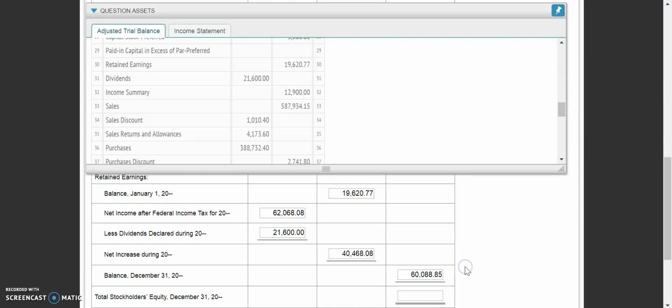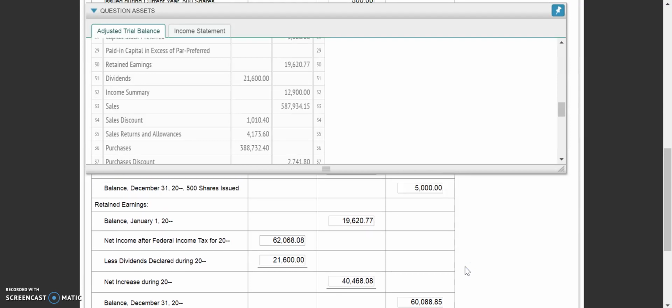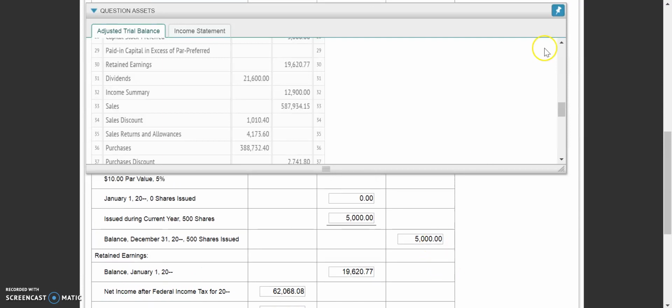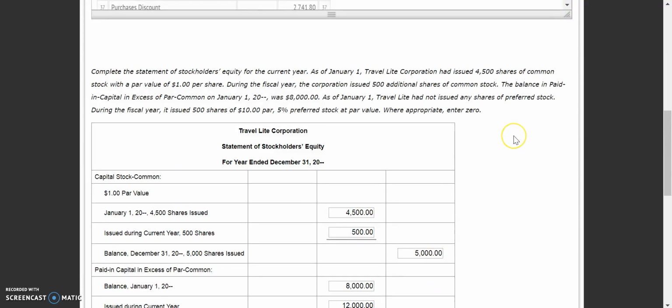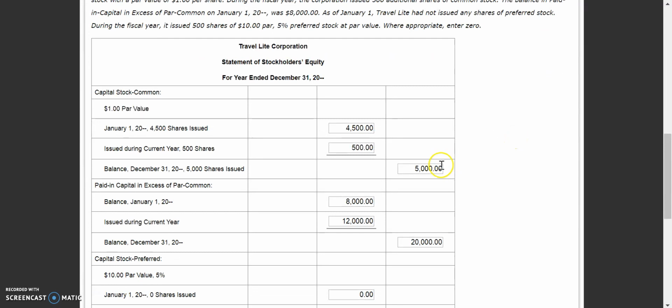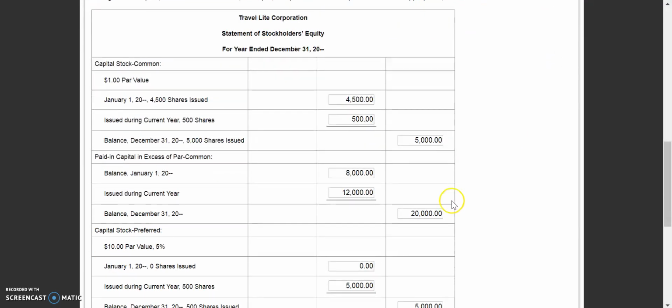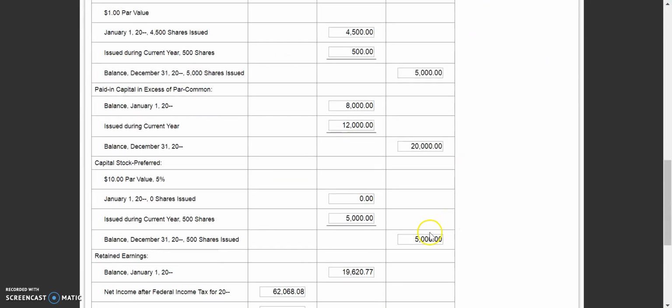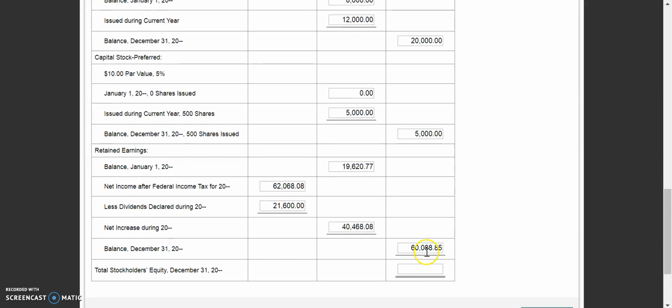We wind up with $60,088.85. The last thing we need to do is add in our capital stock and our paid-in capital and our preferred stock. I'm going to close this because we're done with it. We take all three of these, 5,000, 20,000, and 5,000, and add them to our retained earnings balance, and we should get $90,088.85.